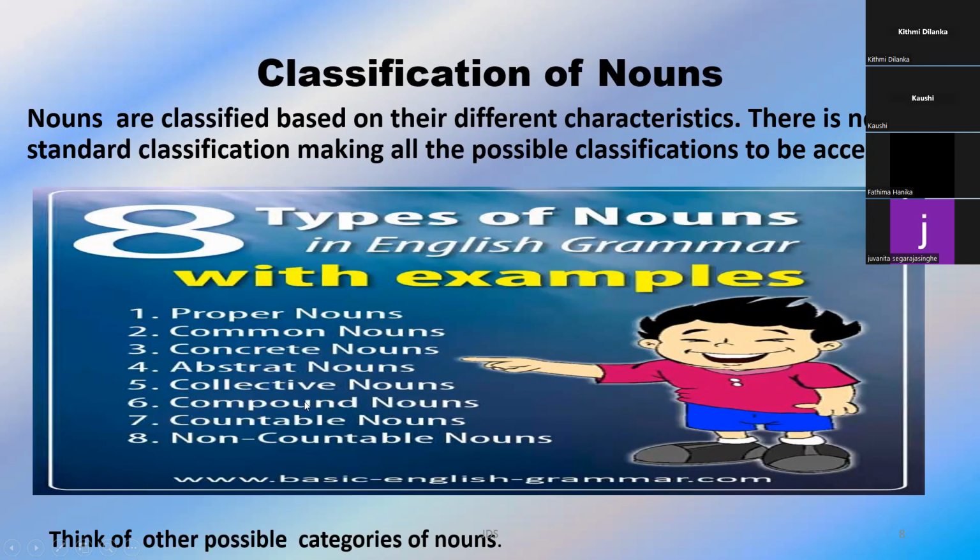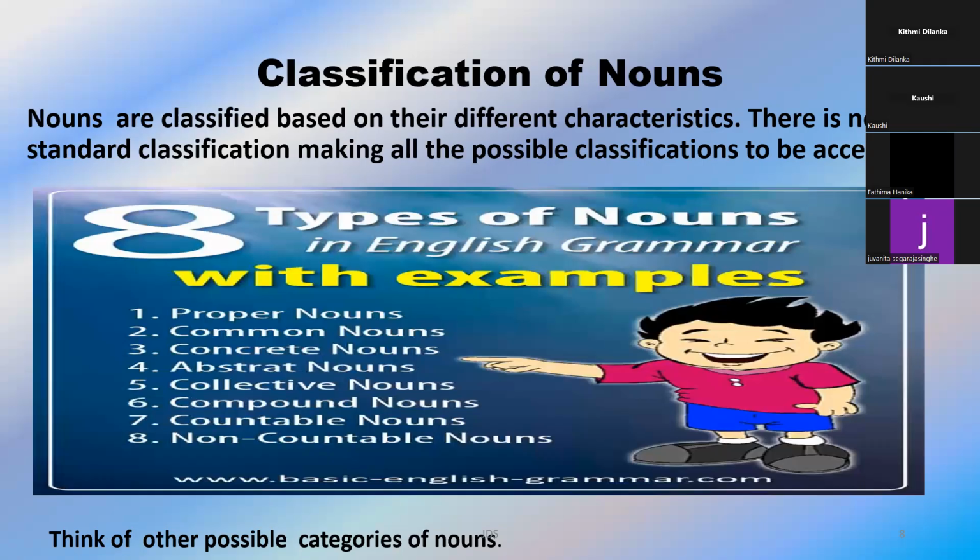These 8 types can be seen in almost 90% of the course books. Even if not all of them come, definitely 3 or 4 different types of these nouns will be discussed, right?